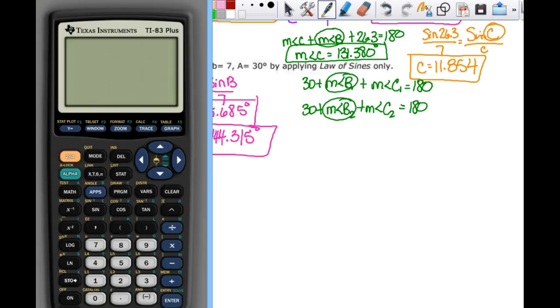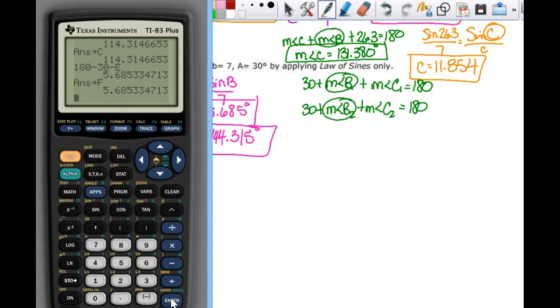So in my calculator, I'm going to do 180 minus 30 minus B1, which is B. That gives me 114.315. So I'm going to store that in C. And then I'm also going to do 180 minus 30 minus B2, which is actually E. And then I'm going to store that in C2, which is actually F. So those are my two angles, the 114.315 and the 5.685.